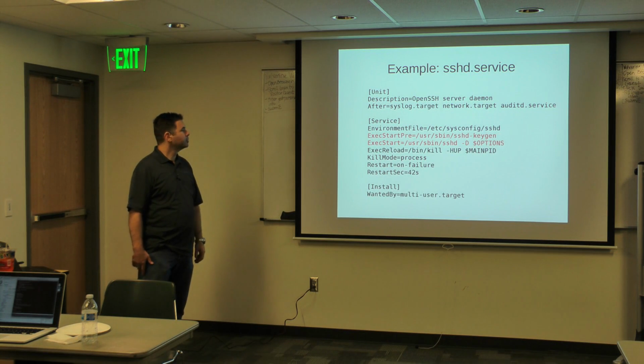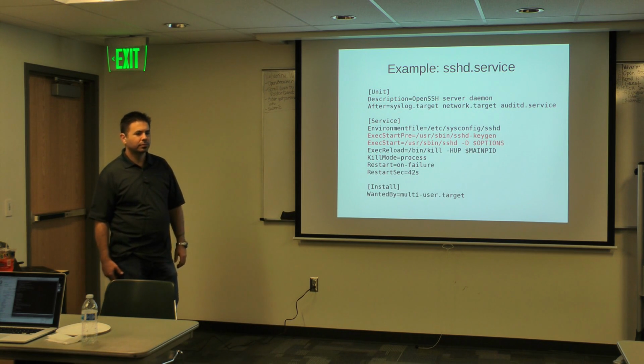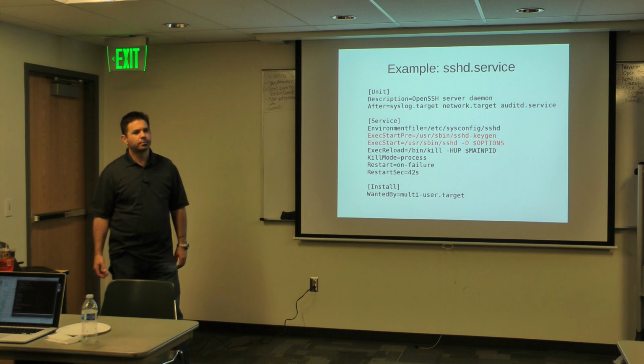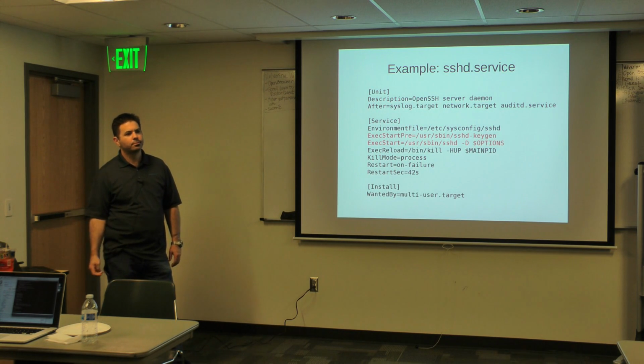Mm-hmm. And from what I've seen, to further expound on your question, if you override by putting something in the /etc/systemd folder or whatever, if you want to override the ExecStart completely, you would put in your override file ExecStart equals nothing, leave it blank, and then put a secondary line of what you want it to override.